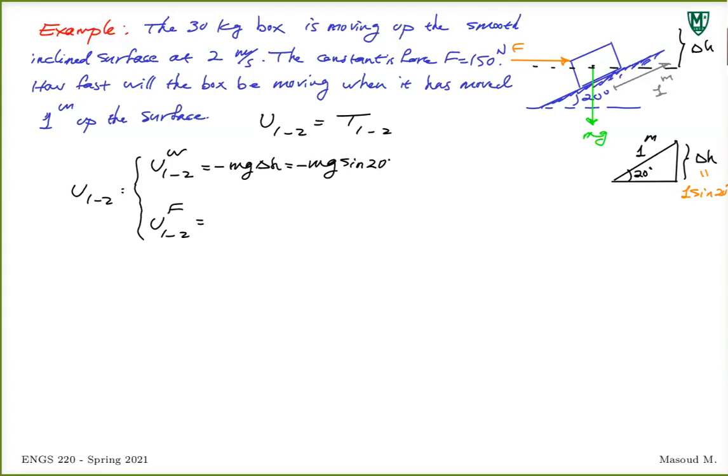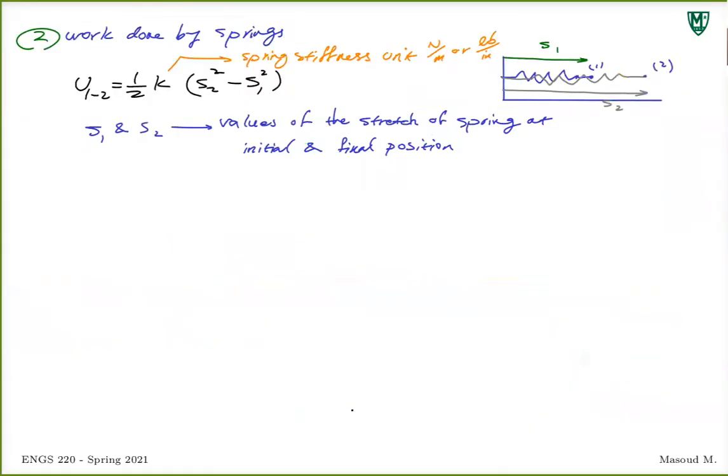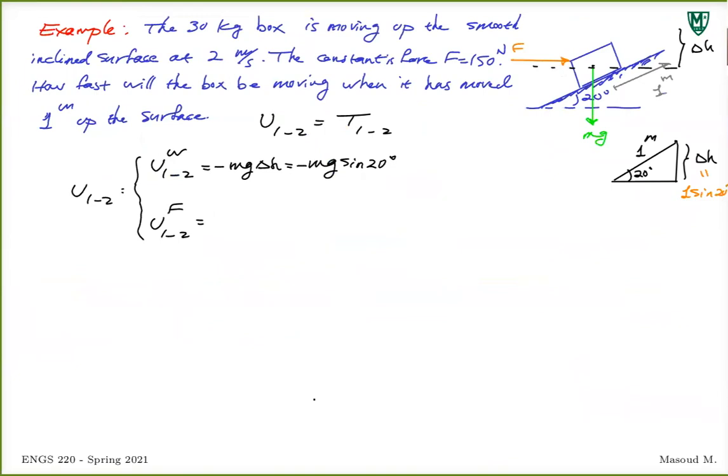Sine 20 degrees. Now, going back to the note I mentioned here, when going up, negative. The final expression you get has to be negative if the height increases. Here you go. When the height is increasing, the value is minus mg sine 20 degrees.